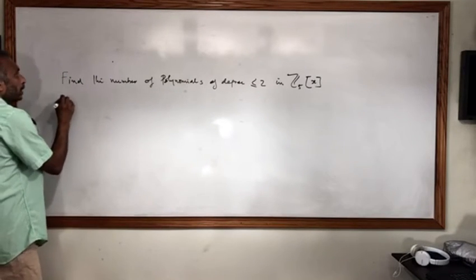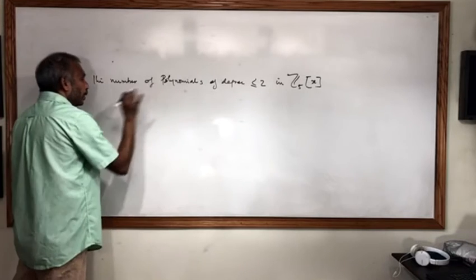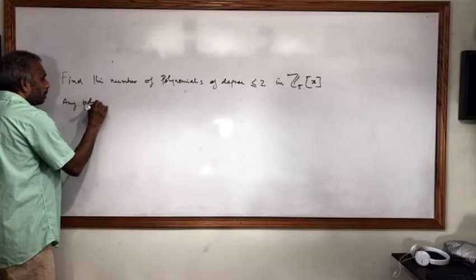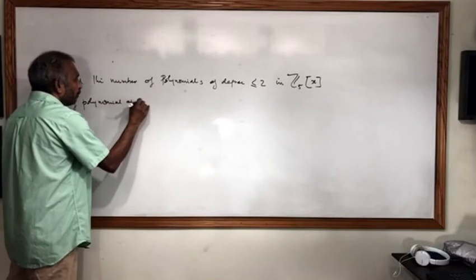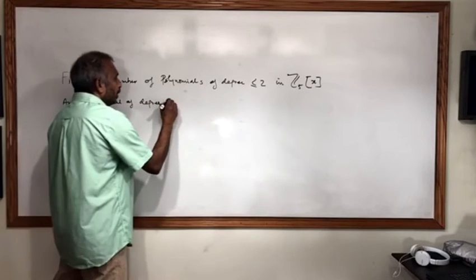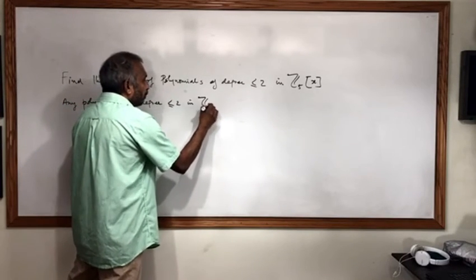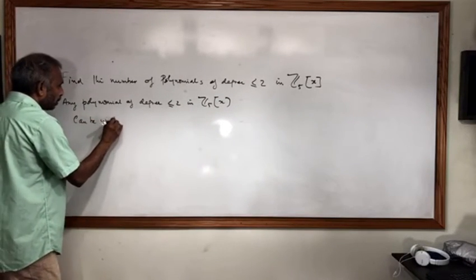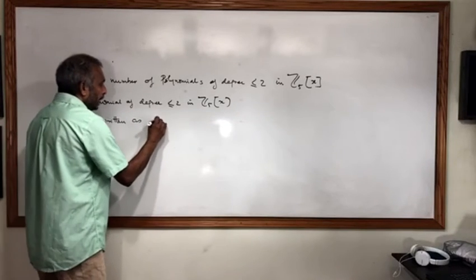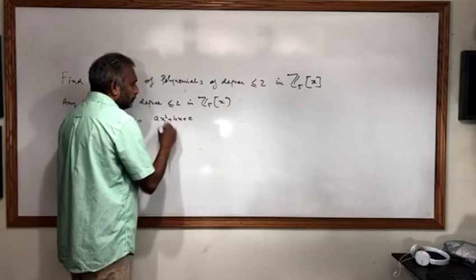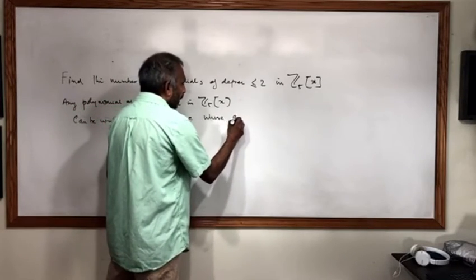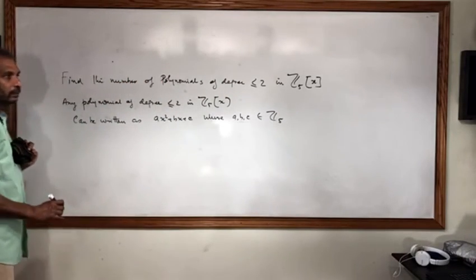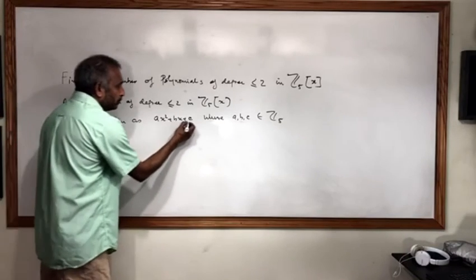So the total number of polynomials: any polynomial of degree less than or equal to 2 in Z5 of x can be written as ax square plus bx plus c, where a, b, c belong to Z5. This has to come from Z5.